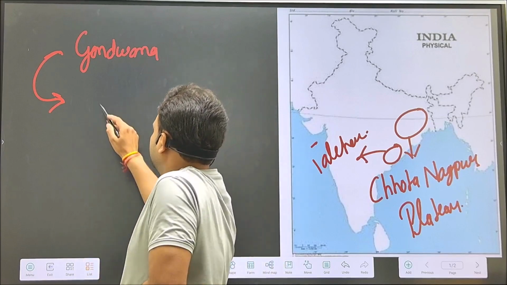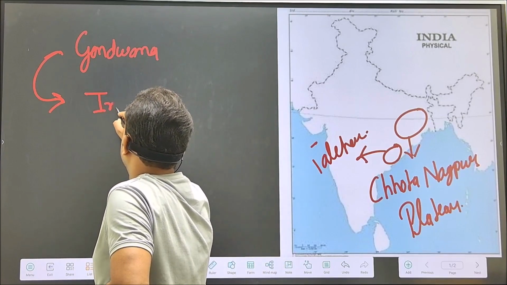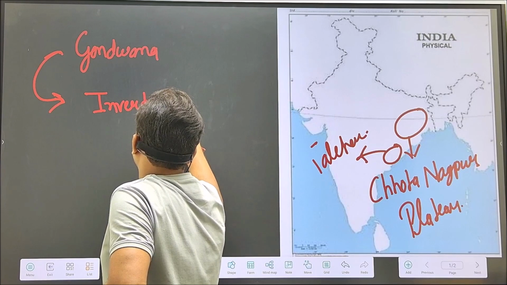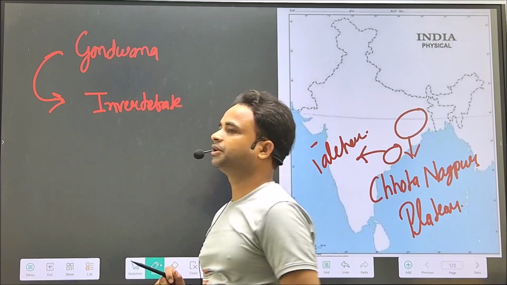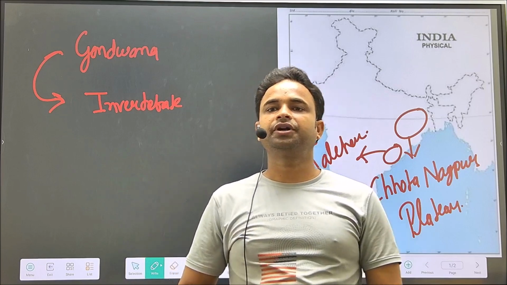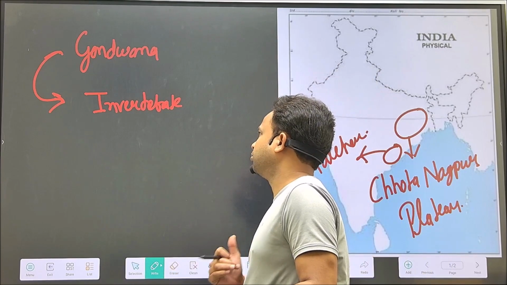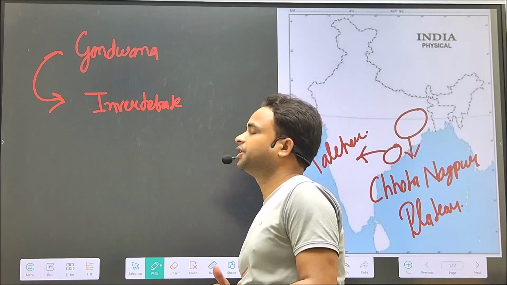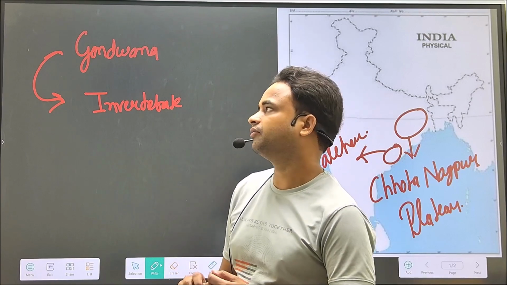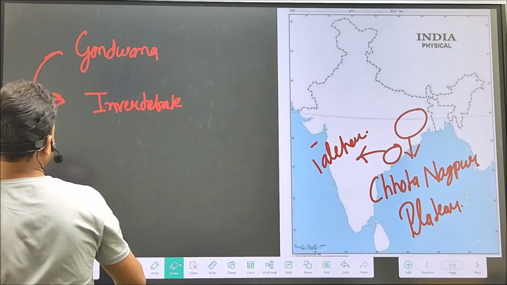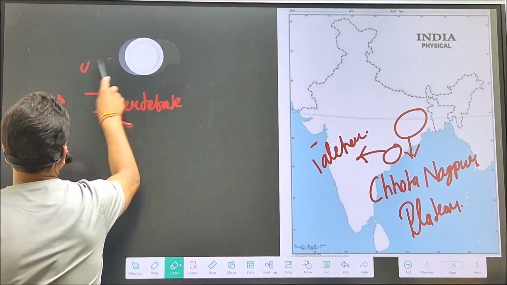Invertebrate means a biotic component without backbone. Now we will see the next rock.